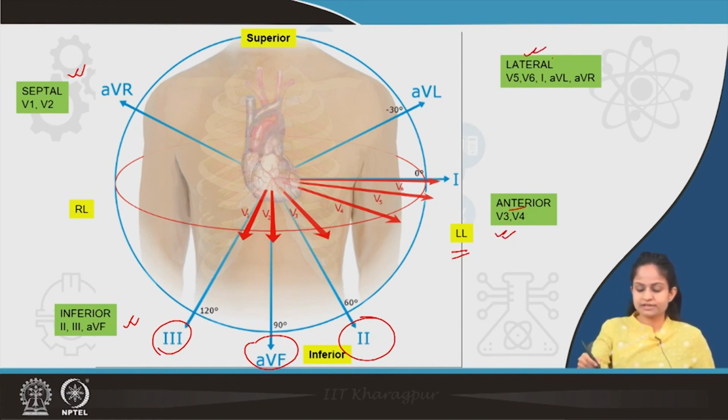The lateral portion is V5, V6, lead 1, AVL and AVR. Now, why are so many leads and different portions important? Because whenever we get a pathological condition like myocardial infarction, we need to know which portion of the heart has been damaged.